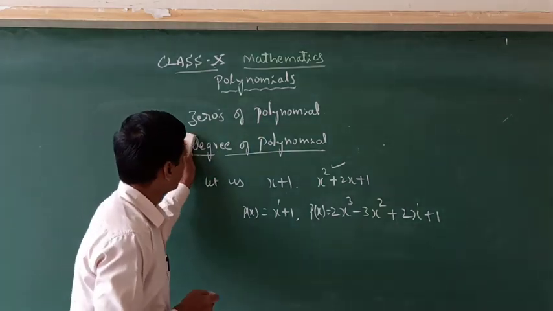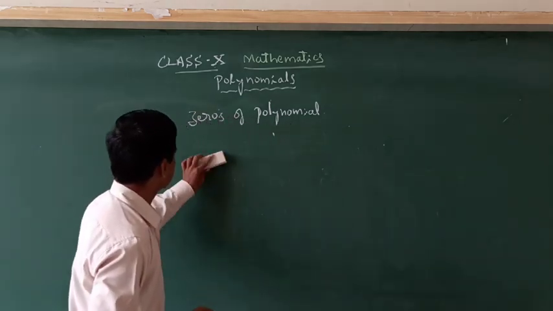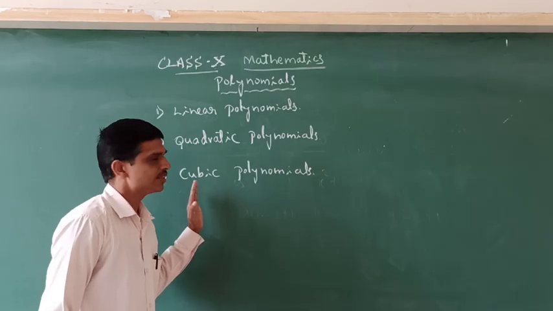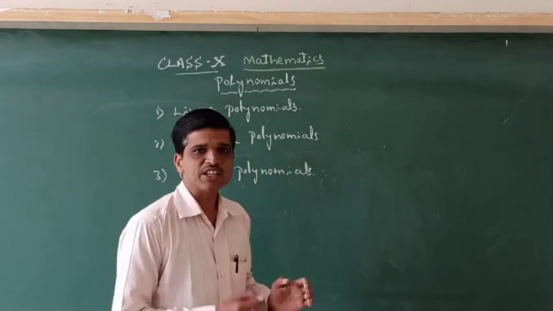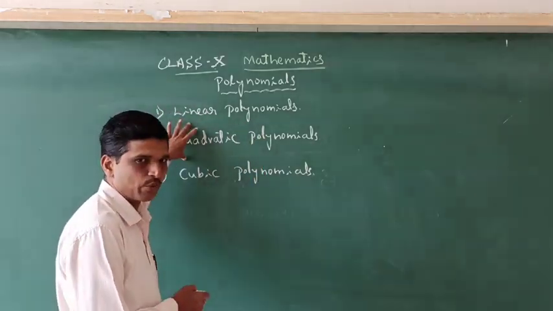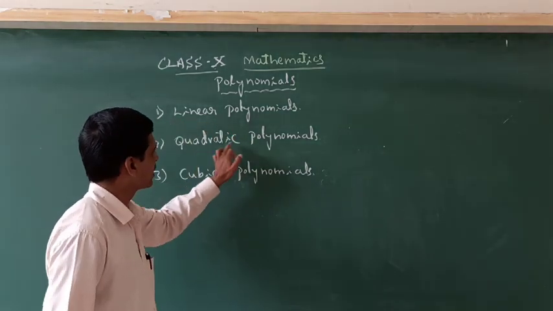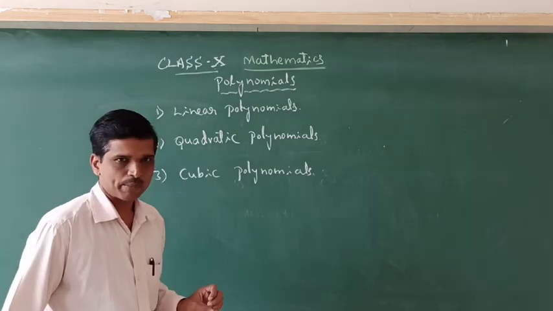Let us see next, what do you mean by linear polynomials? Based on the degree, there are three major types of polynomials classified in your syllabus: linear polynomials, quadratic polynomials, and cubic polynomials.